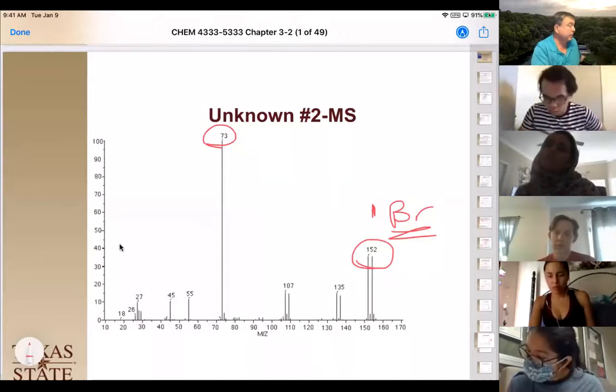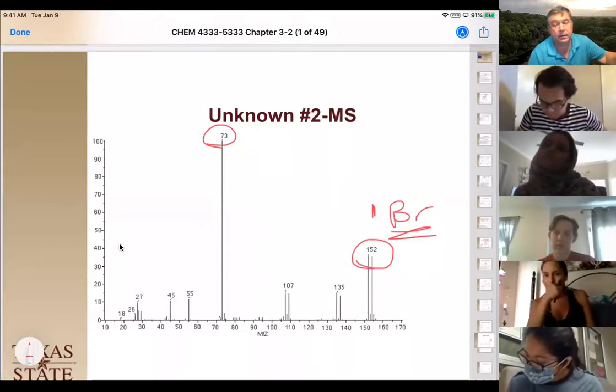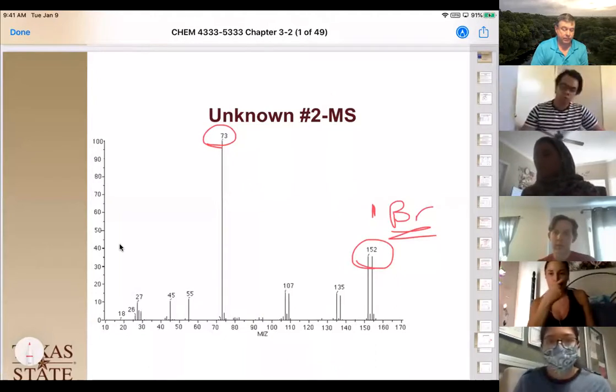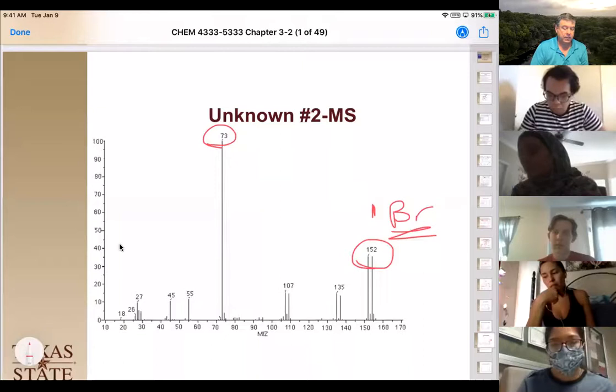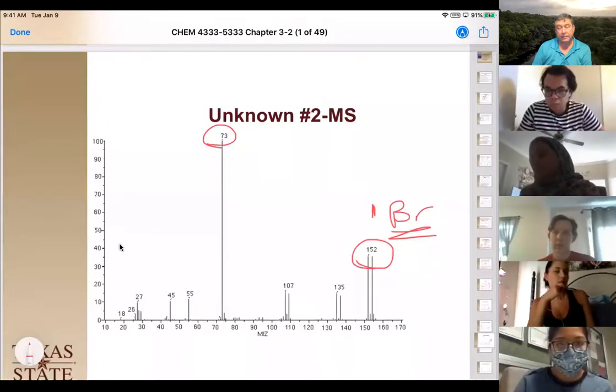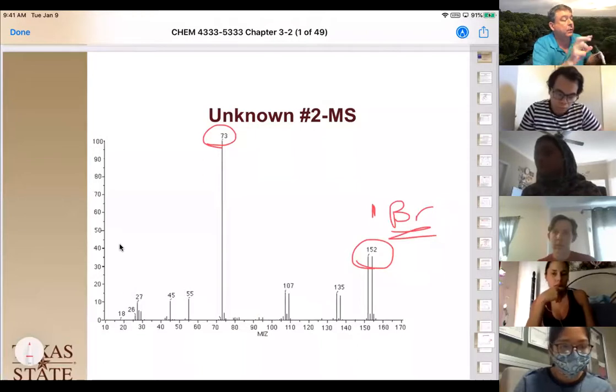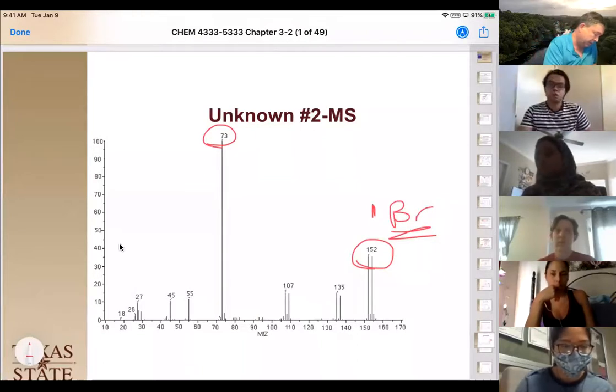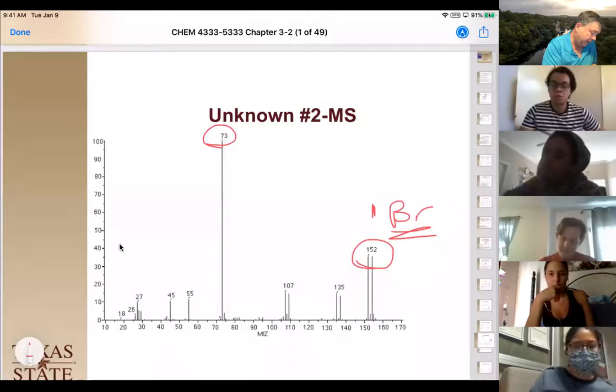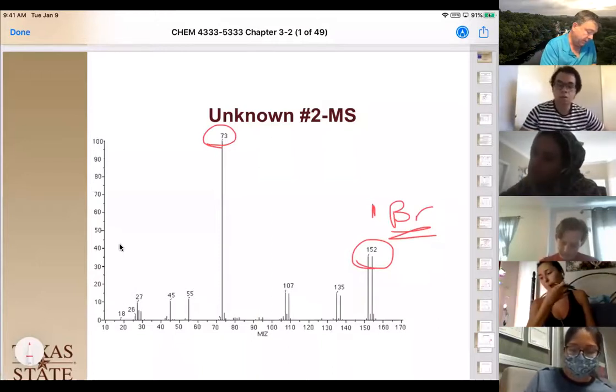Okay. So let's go ahead and calculate out our starting empirical formula. Figure out how many carbons we have. 73 divided by 13 is equal to 5.6. So that's 5.